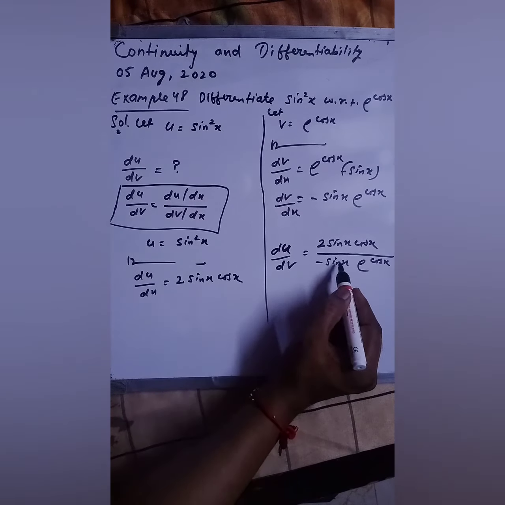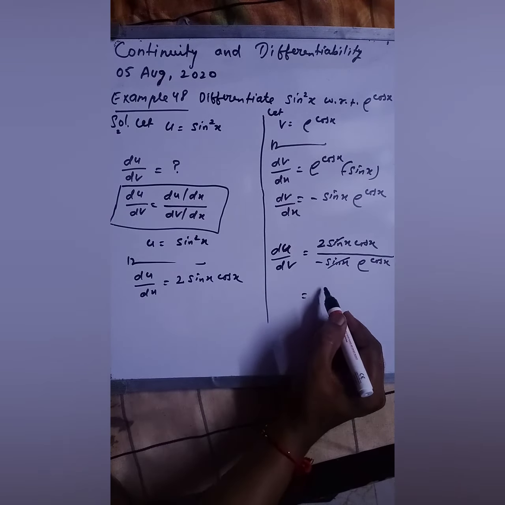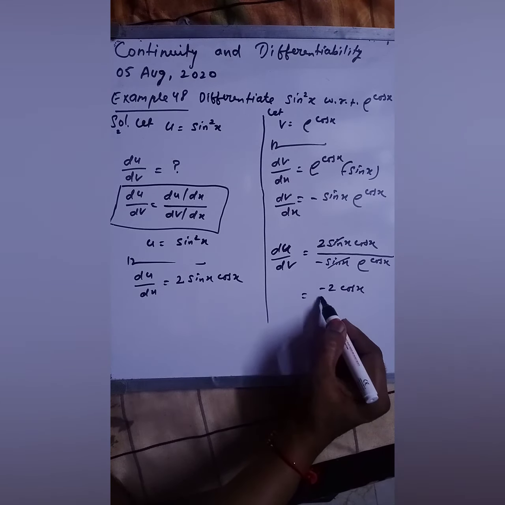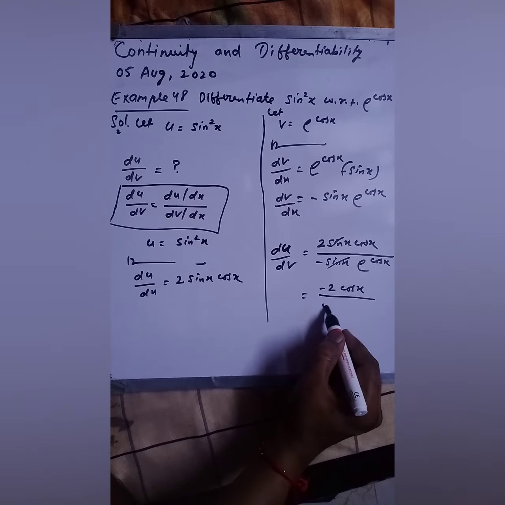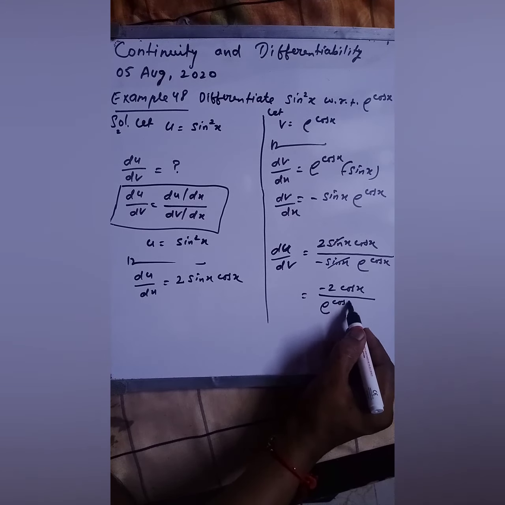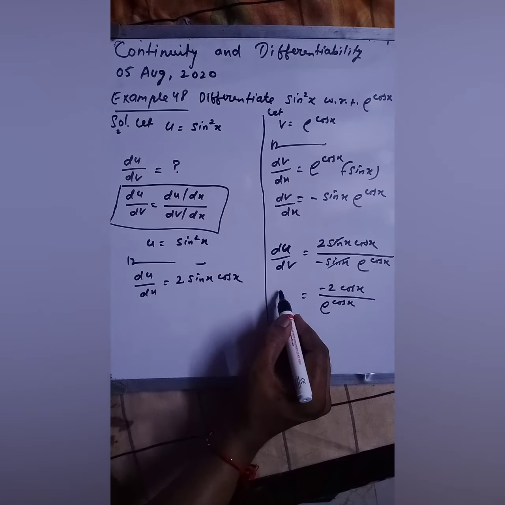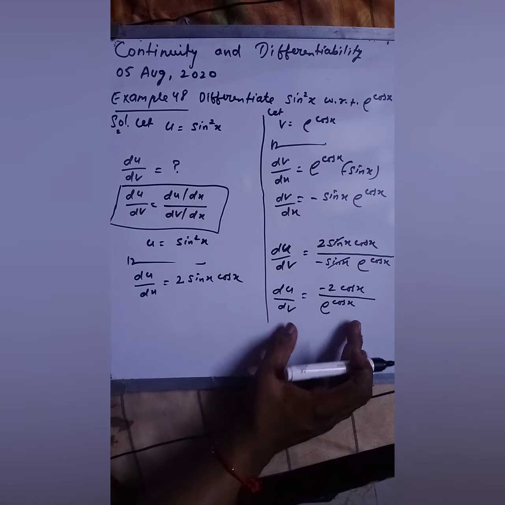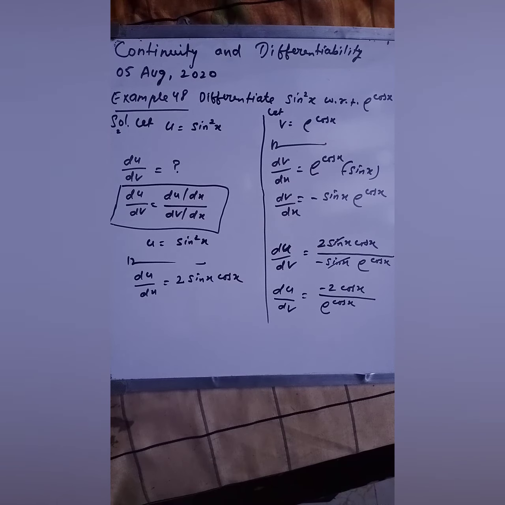This sine x and this sine x will cancel out, and you will get minus 2 cos x over e raised to power cos x. So this is your du by dv, and this is what you had to find out. This is how you can solve this question.